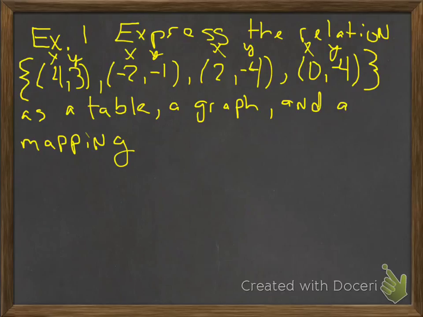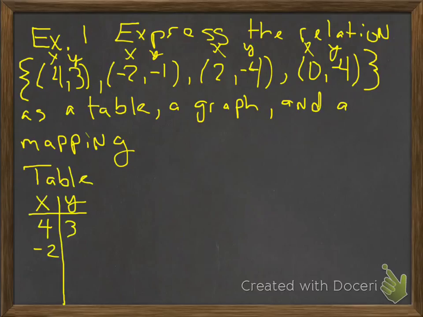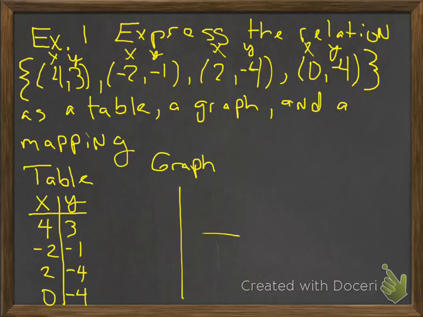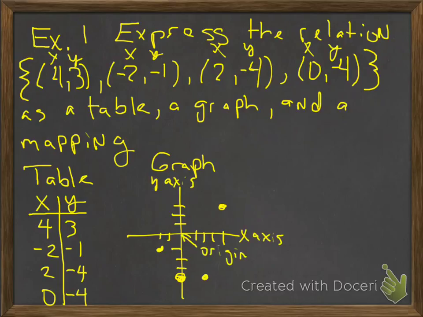Now, the table would just have us set up a table with the x on the left and the y on the right. And you can see here, basically I'm just taking the points, writing them out, and there we go. Now we've got the graph, and on the graph I'm just plotting the different points. There's our x-axis, there's our y-axis, there's the origin.